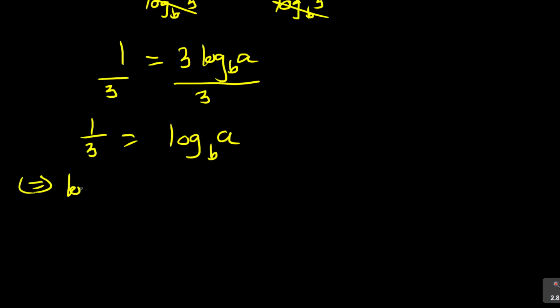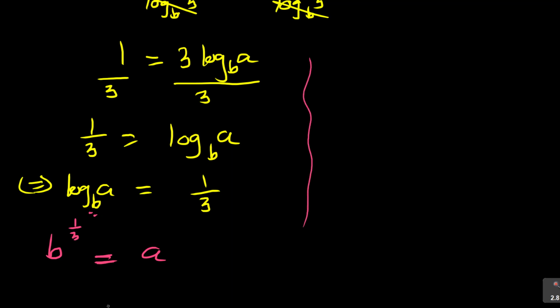If I'm saying log base b of a is equal to 1 over 3, now I take that base here, it means b to the power 1 over 3 is equal to a. That's how you introduce exponents. It's b to the power that. Meaning, if I remind you, log base a of m is equal to n, it means a to the power n is equal to m.